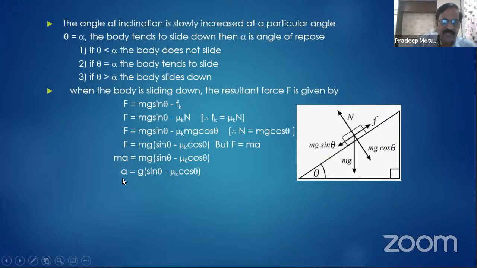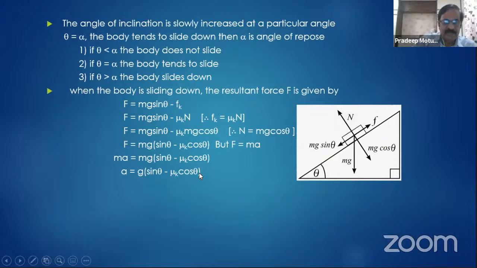You have a is equal to g into sin theta minus mu k cos theta. You know the terms: a is acceleration, g is the acceleration due to gravity, theta is the angle, and mu k is the coefficient of kinetic friction.